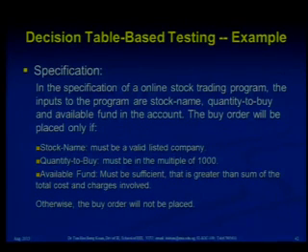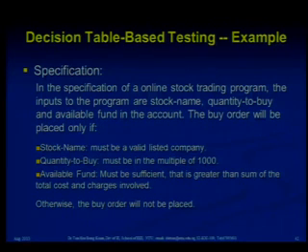When you buy, you must buy 1,000, 2,000, 3,000, etc. Available fund must be sufficient to cover the cost as well as the charges involved. Okay, so these are the conditions to satisfy before the program decides whether to buy or not. If they are satisfied, the program will approve the buy order. Okay, this is the specification.